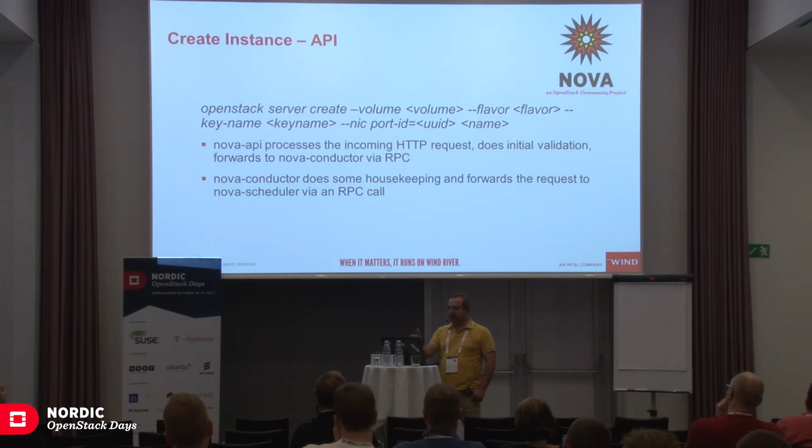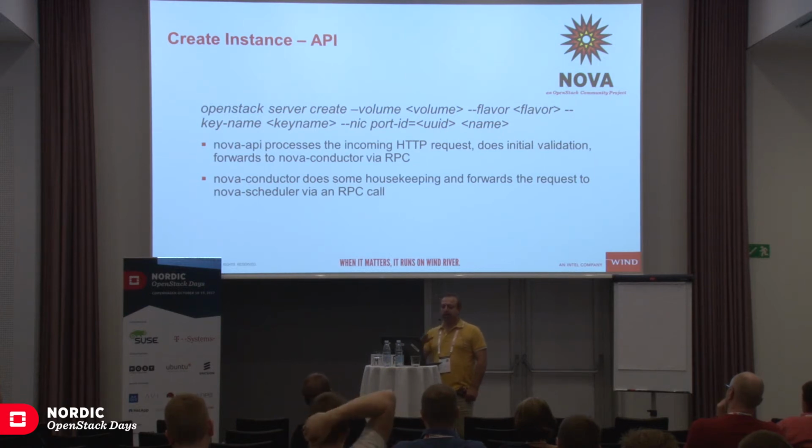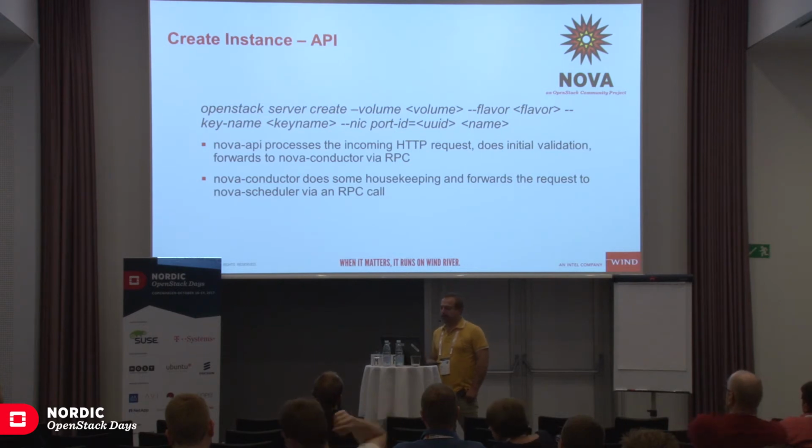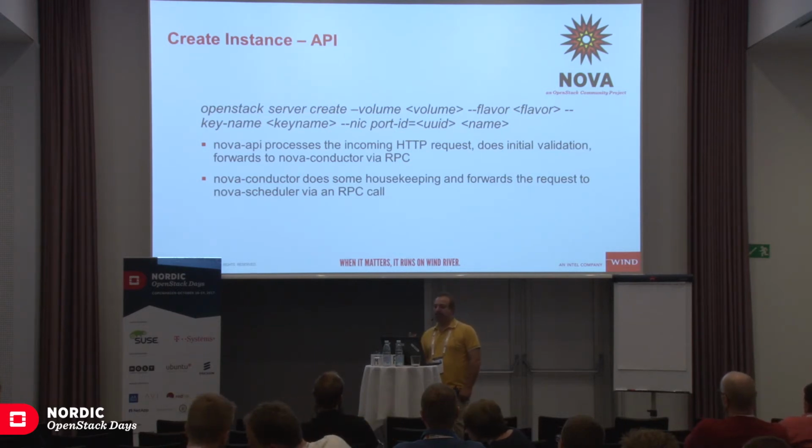But in this case, again, I just use the bare minimum, using the volume we created, using the flavor to give the resources for the instance, using the key name, and specifying the port ID I need for this instance. And finally, give it a name. That name is good because you can have a very easy way to find the instance in your database or in your logs.